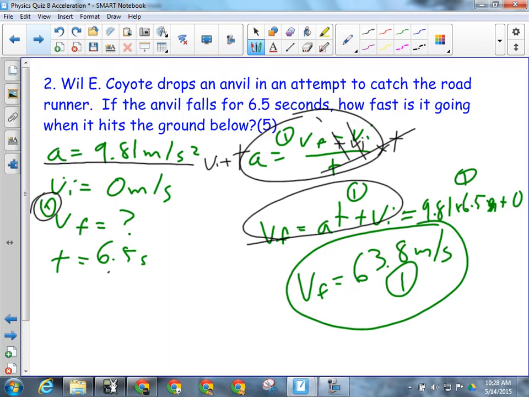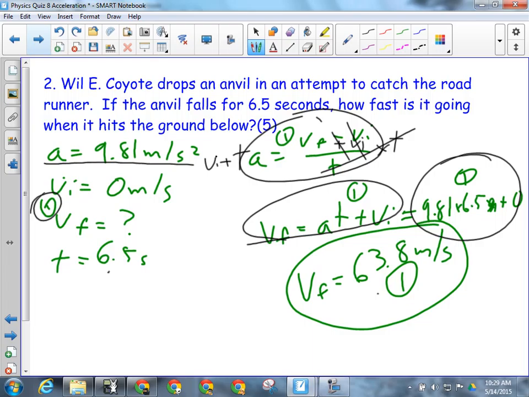There's the manipulated formula for our final velocity. It doesn't matter whether they have VI plus AT or AT plus VI, or if T is before A, it doesn't matter. Give them another mark for plugging in the numbers. 9.81 times 6.5 is really all they need, because adding 0 doesn't really do anything mathematically. And then our final answer, 63.8 meters per second.